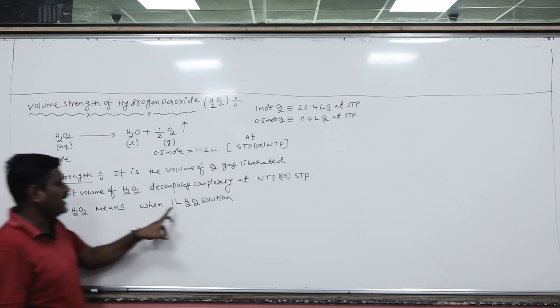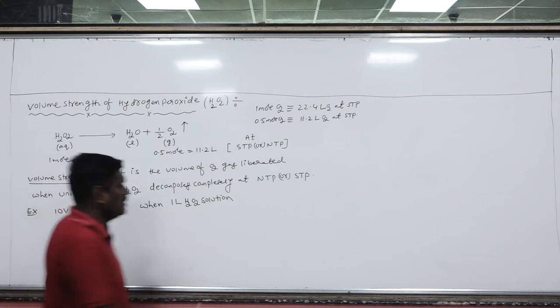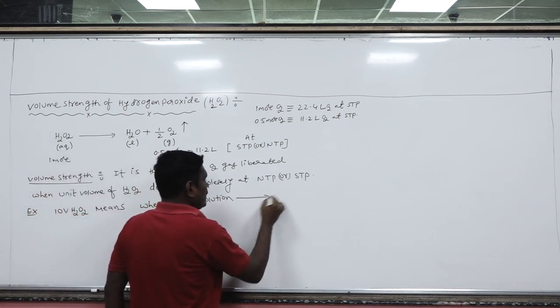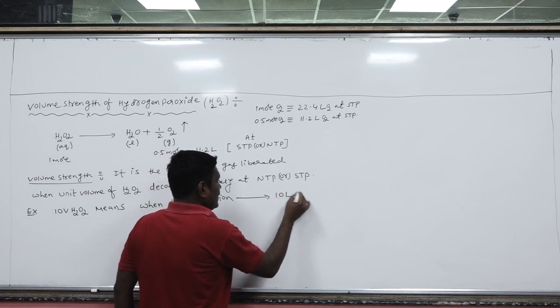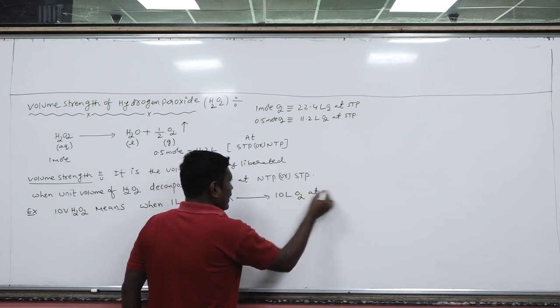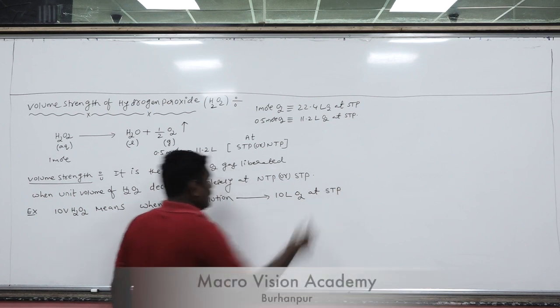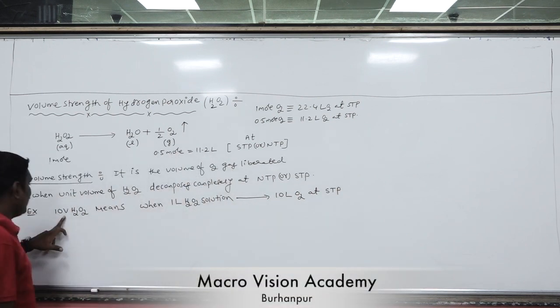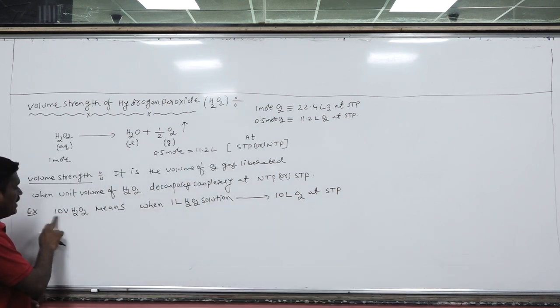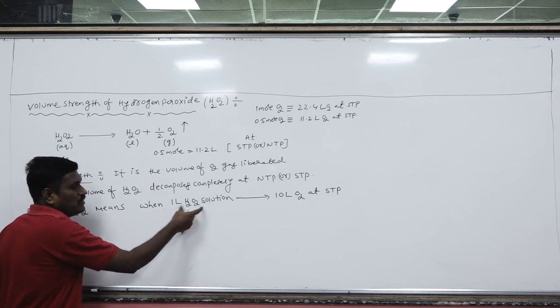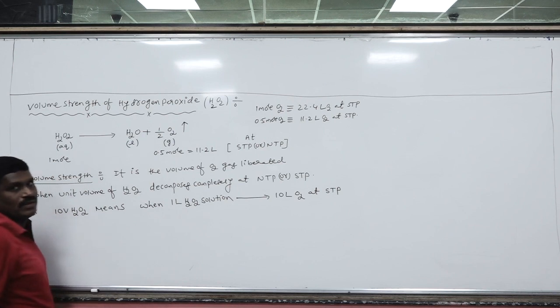That's why I am taking the unit volume of H2O2 solution. It will produce 10 liters of oxygen at STP condition, because there is a 10 volume. This 10 volume corresponds to the volume of oxygen gas liberated from the unit volume of H2O2 solution.